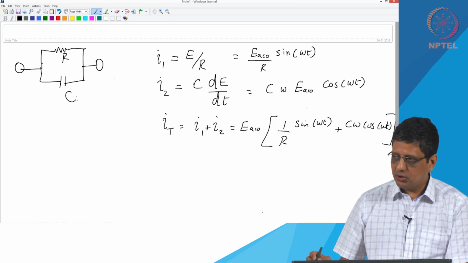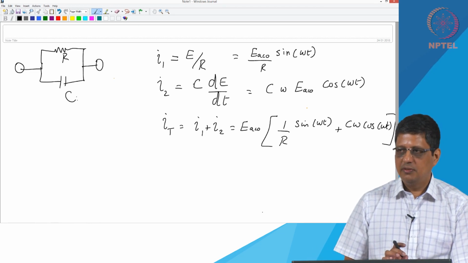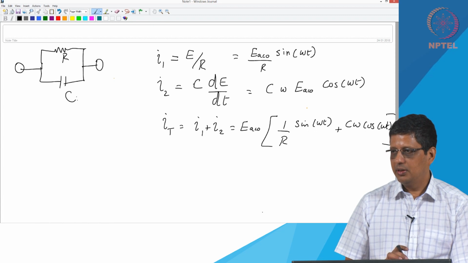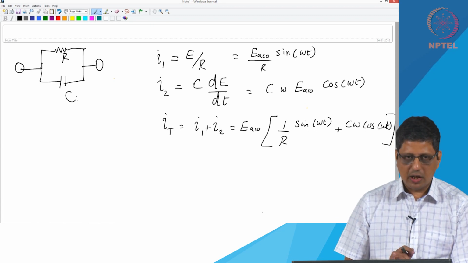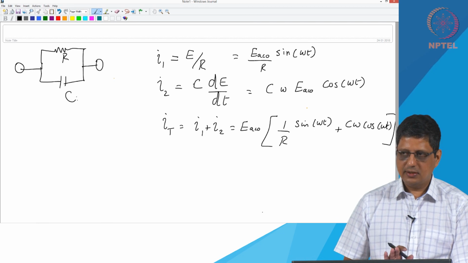The phase is also going to be changing. Phase is not 90 degrees, phase is not 0, it is going to be a combination of the current through the resistor and the current through the capacitor. So, the phase value will change when we change omega. Phase value depends on the value of R, value of C and the value of frequency. This is relatively easy to solve.